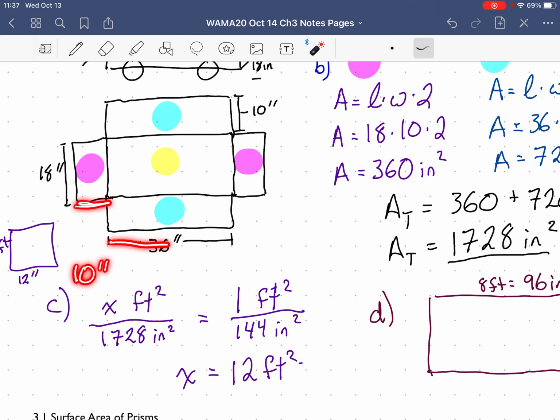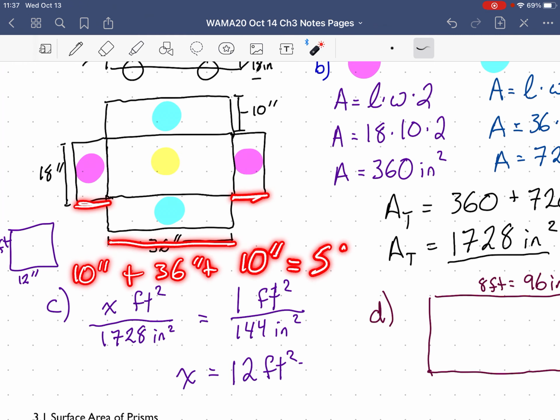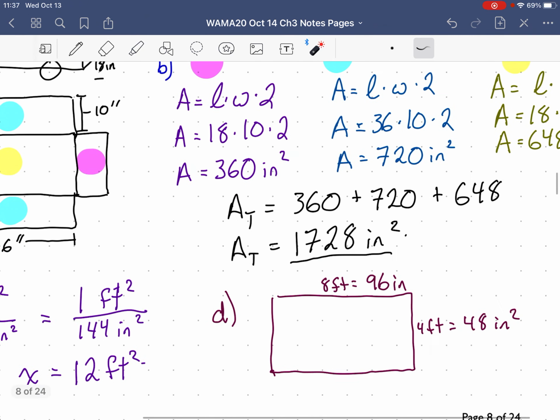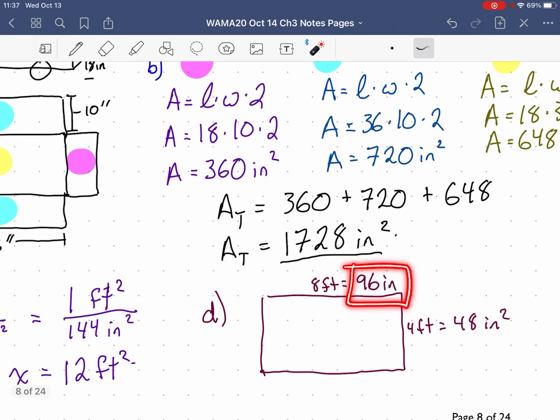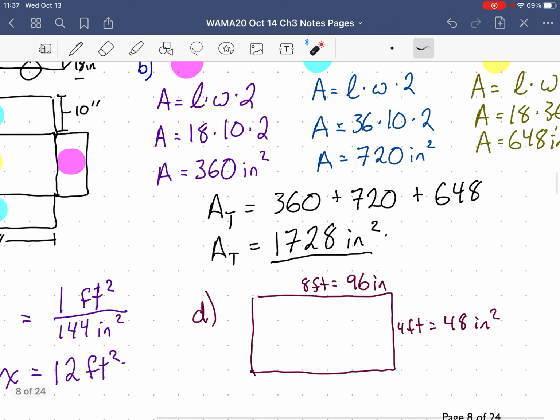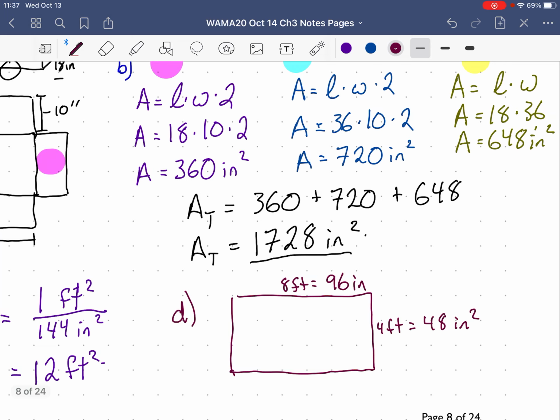Now, 96 inches, well, this is 10 inches. This is 36 inches. And this is another 10 inches. Add all those up, and we get 56 inches. So 56 inches is less than 96 inches.